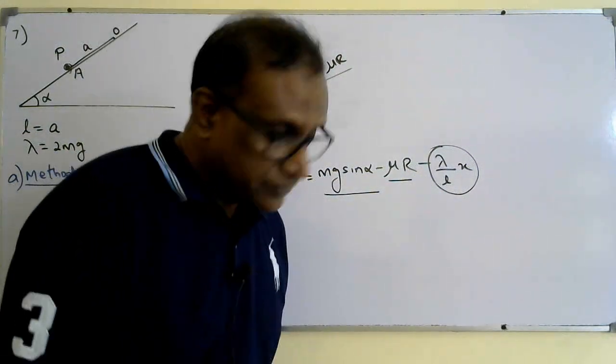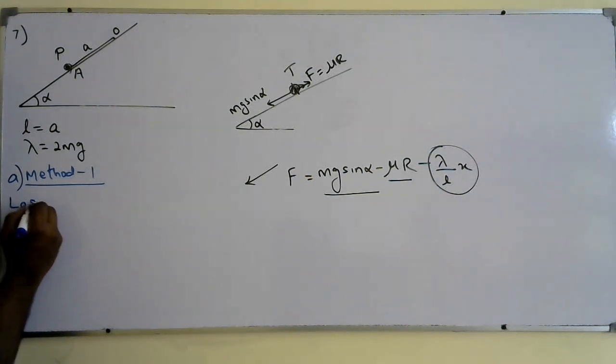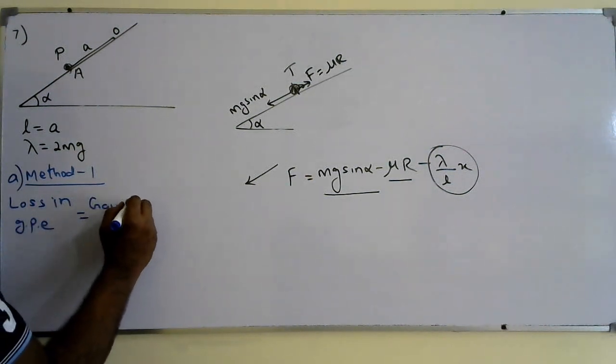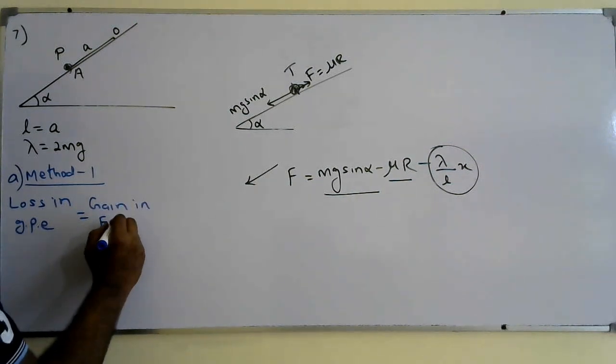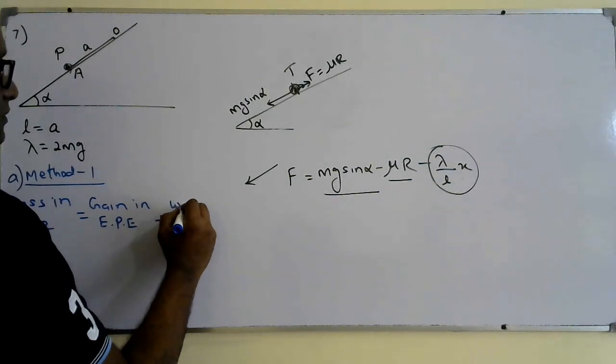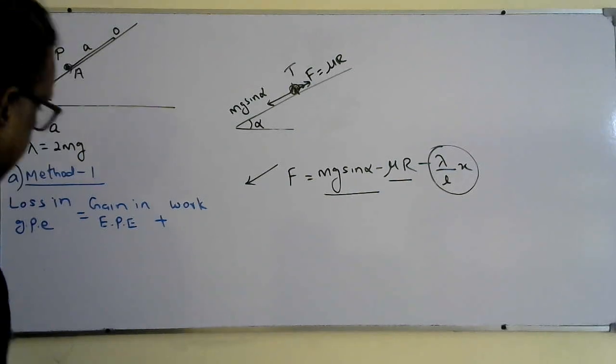So the energy equation we are going to write for the motion from A to B is: loss in gravitational potential energy equals gain in elastic potential energy plus work done against friction. I think it's better to start there. That's easy.